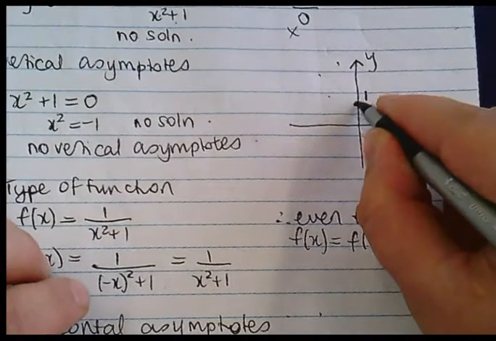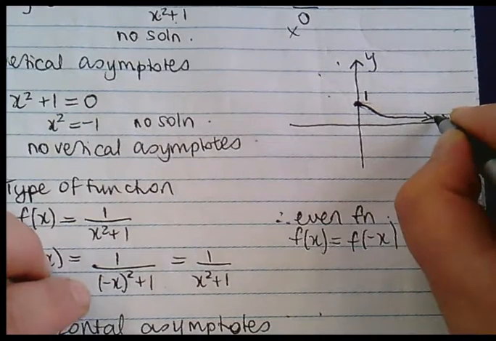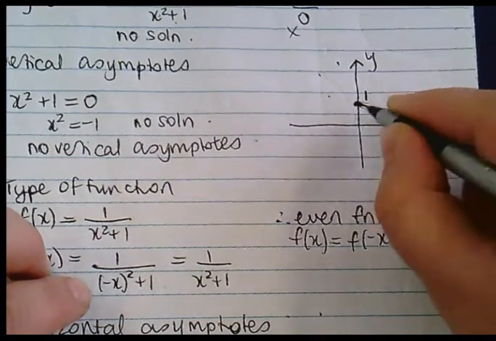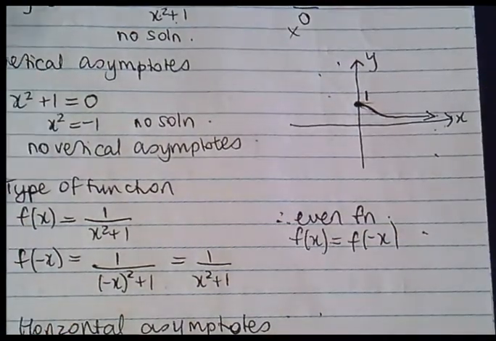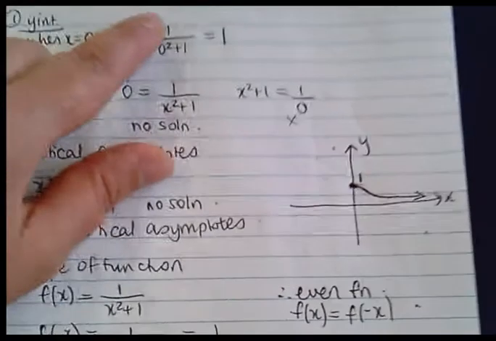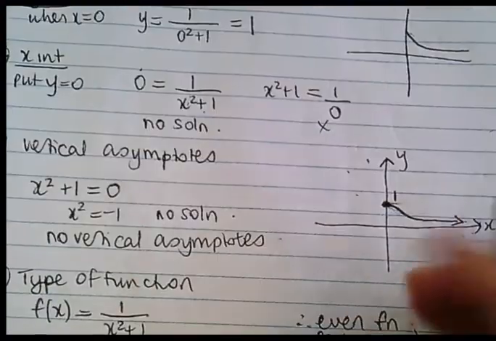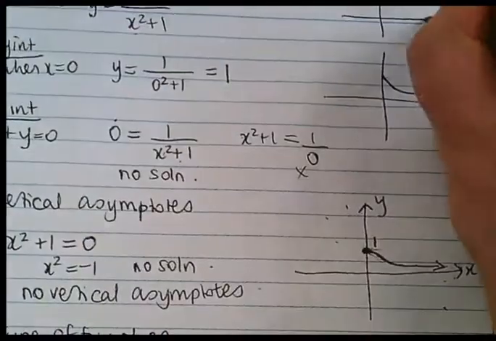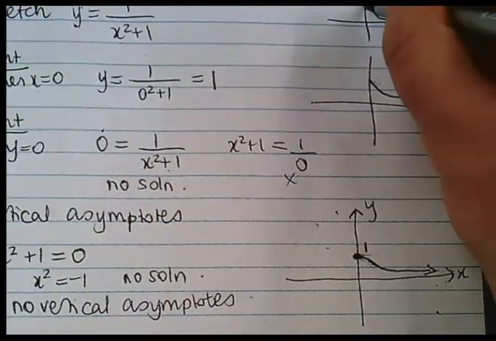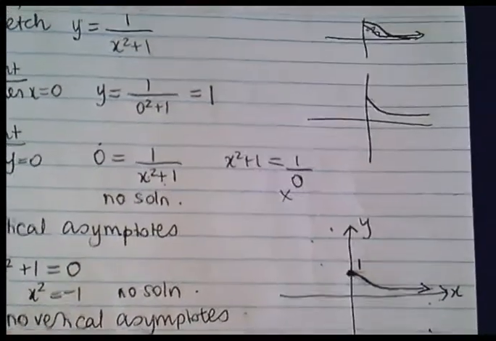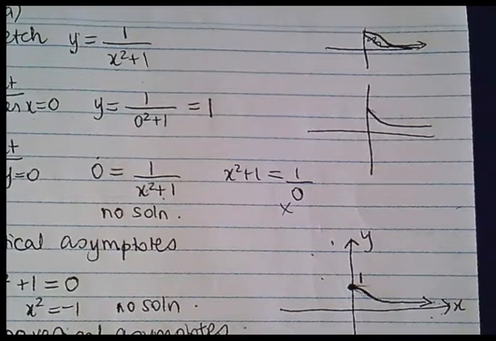I don't think this curve has a sharp point. I've got two options here: am I going to go down like that, or more rounded? The only way you could sort of know is maybe with a bit of substitution, whether it drops off sharply or not.